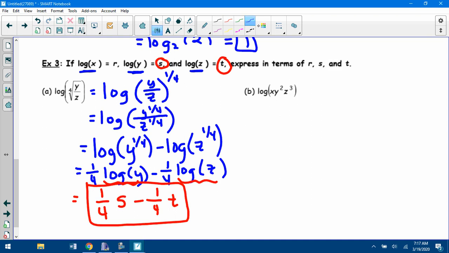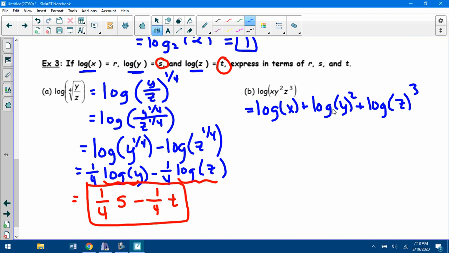Okay, one more. Would you say everything's being multiplied, divided, or raised to a power? Hopefully you're thinking they're all being multiplied. So 1 log multiplied splits up into 2 logs, or in this case multiple logs, 3 logs added. So it's going to be log of x plus log of y squared plus log of z cubed.